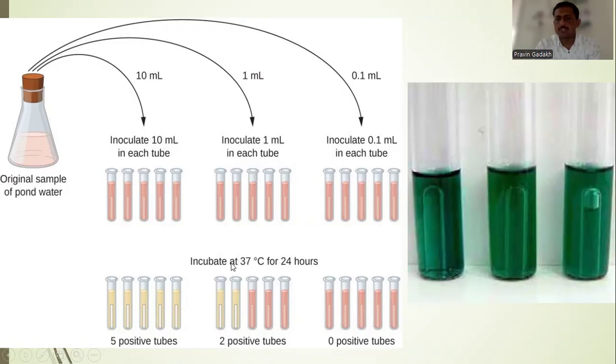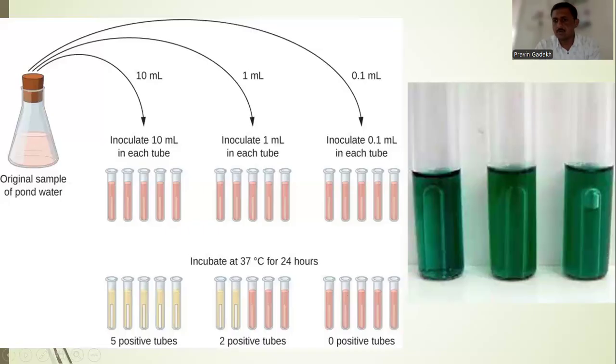We incubate at 37 degrees Celsius for 24 hours, and after incubation, we observe for the formation of acid and gas. In the diagram, we can observe the color change, that is the yellow color, and the gas formation, so that tube is considered positive for the presumptive test. If out of these five tubes only two are positive, showing acid and gas formation, and in the case of the third tube there is no acid and gas formation.